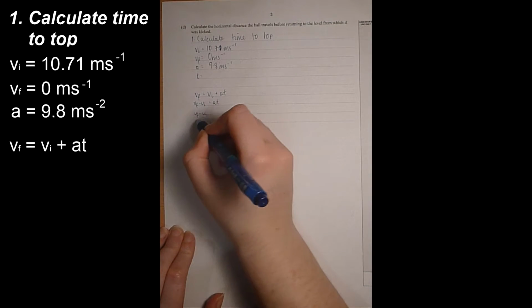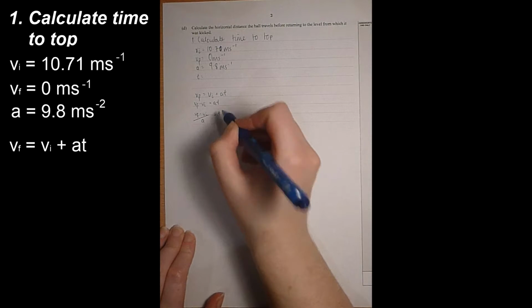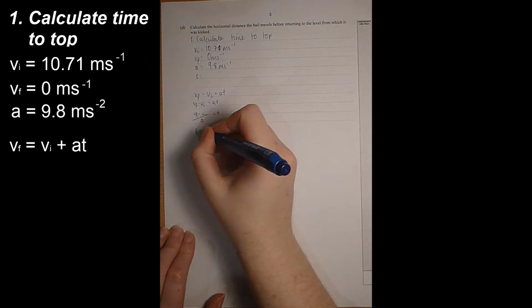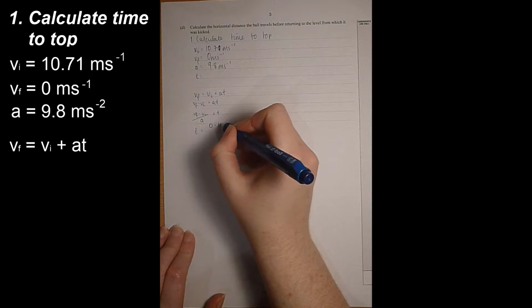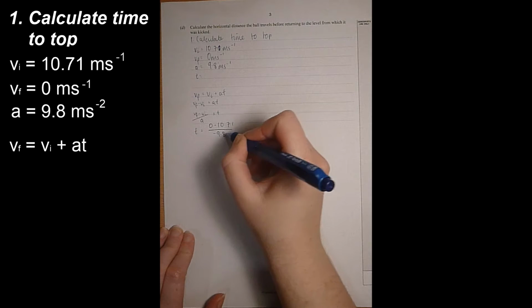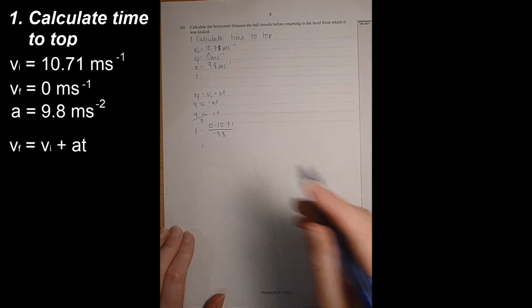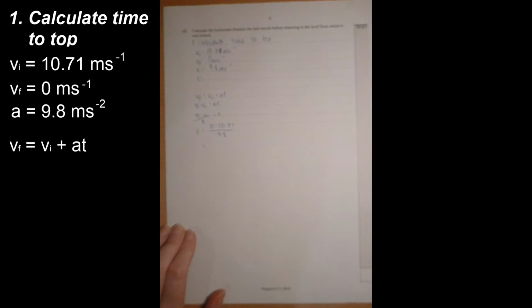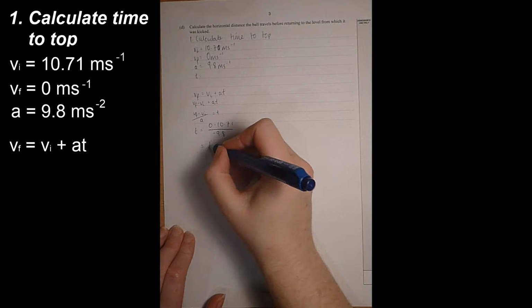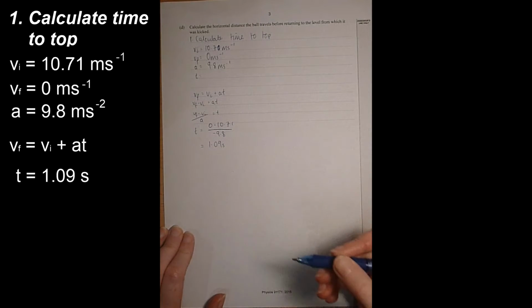VF minus VI divided by A equals T. So then we just need to substitute our values in. T equals 0 minus 10.71 divided by negative 9.8, because we're going to show direction. So what we should get is a time to get to the top of 1.09 seconds.